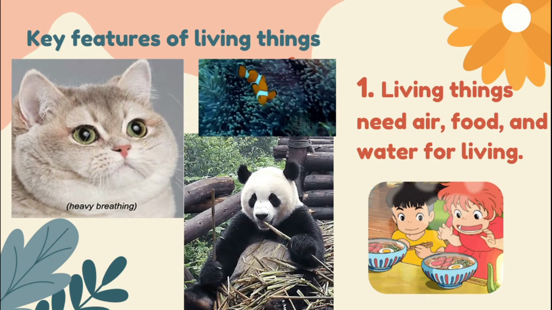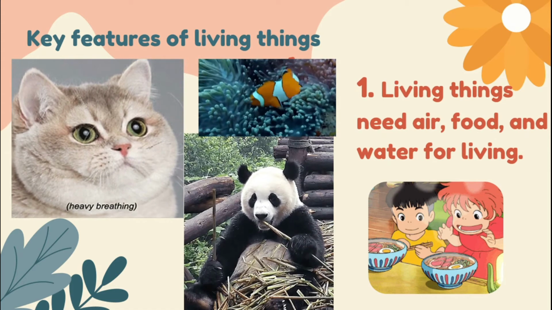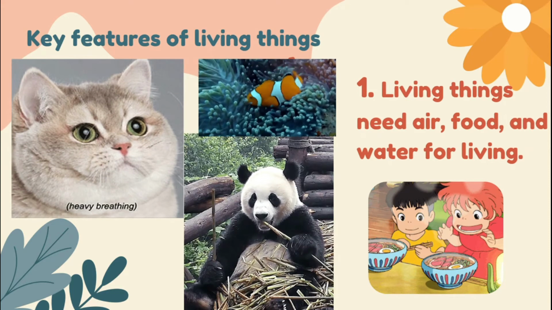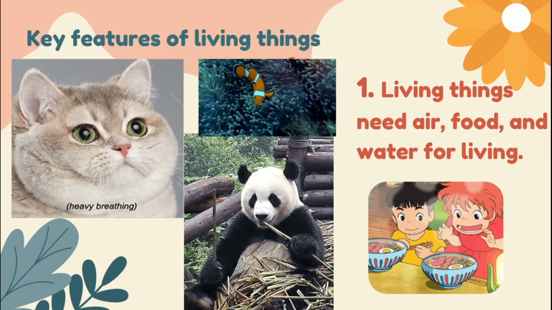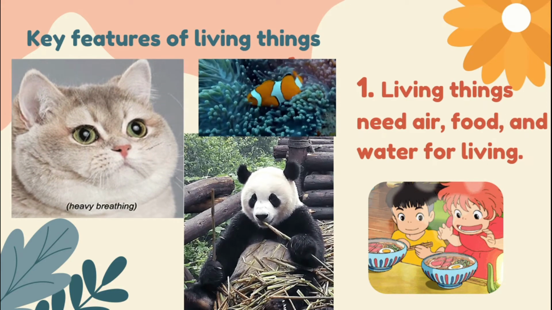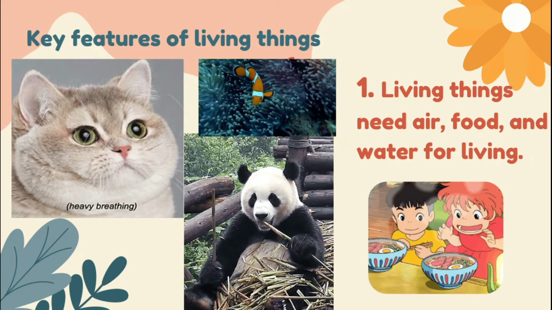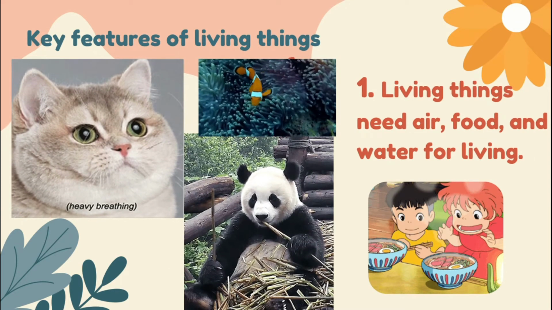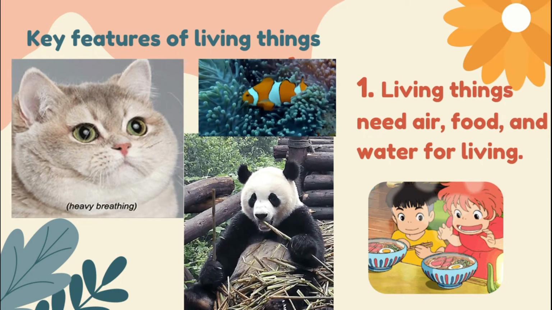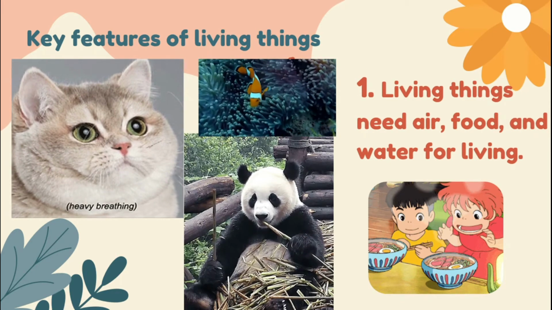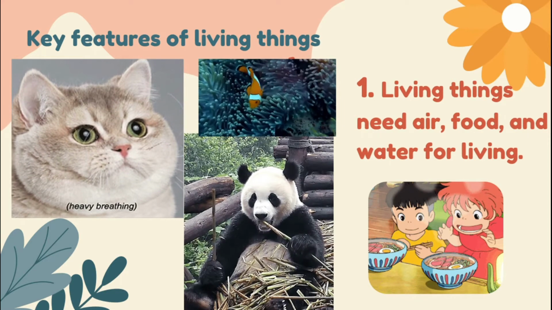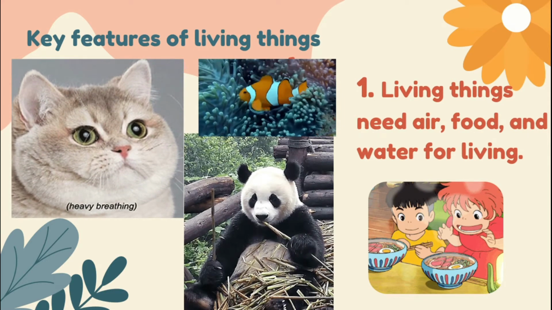See, the girls and the boy, they eat food like we eat, like some noodles, some rices, some meats, some vegetable. The animals are different. The cats want some proteins to live, while the panda wants some trees or some plants to live.